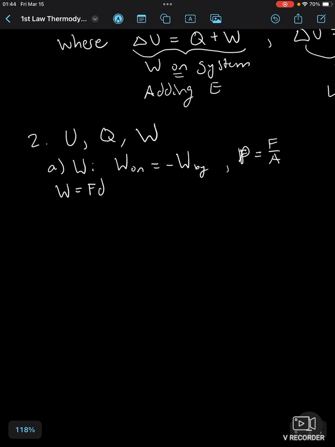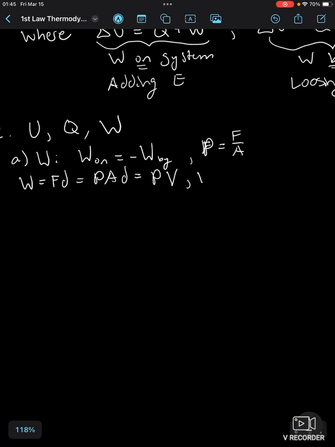So if we throw that to the other side, we know that force is equal to pressure times the area times the distance. Area is x times y. In this case, the distance is going to be in the z direction. So we know that this is in 3 dimensions. So this is really just pressure times volume. Or what we can say is work is equal to pressure times the change in volume.